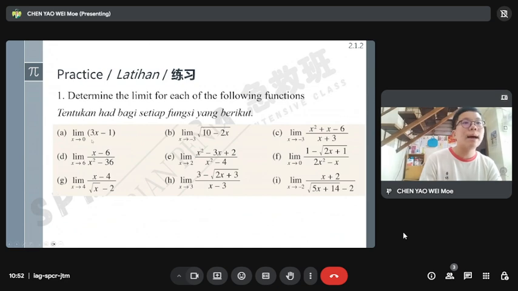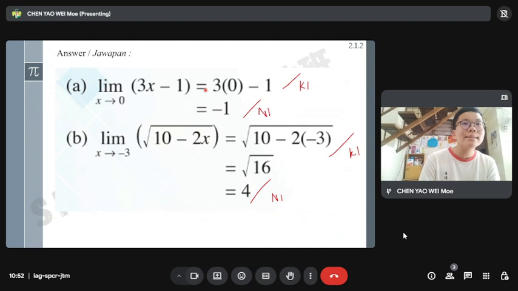When I substitute x equals 0 into the equation, 3 times 0 is 0, 0 minus 1 is negative 1. So the answer is acceptable, and it's not 0 over 0.